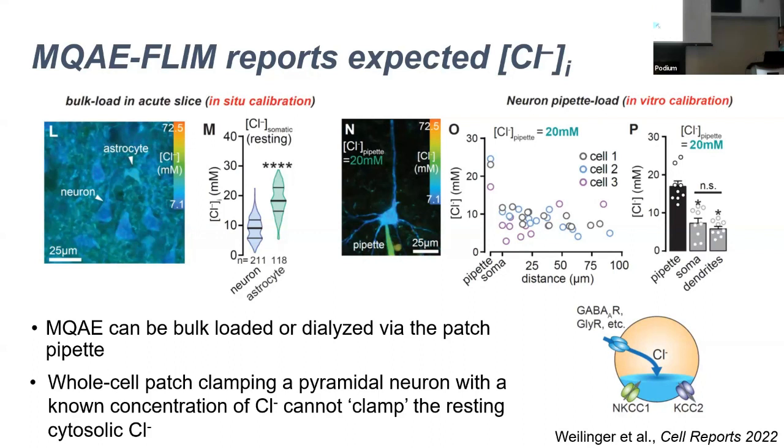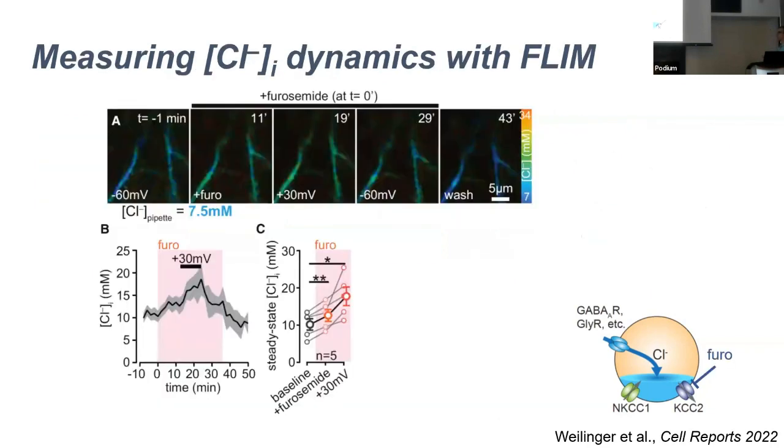But one thing that really jumped out at us was the fact that when you compare your fixed chloride concentration in the pipette versus what you're actually measuring in the neuron, it still drops back down to the physiological concentrations. And that's because neurons are notoriously good at maintaining their chloride gradients because, of course, this is what governs inhibitory tone in these cells. And so we can confirm that we can measure dynamic changes in chloride in dendrites.